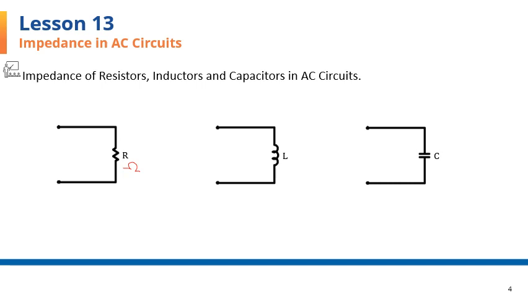For inductors, the unit is henries, abbreviated to H. And for capacitors it is farads, abbreviated to capital F. Let's assume that an AC current I is passing through each of these elements. This current will cause a voltage drop across each element. The magnitudes of these voltages are shown on the next slide.